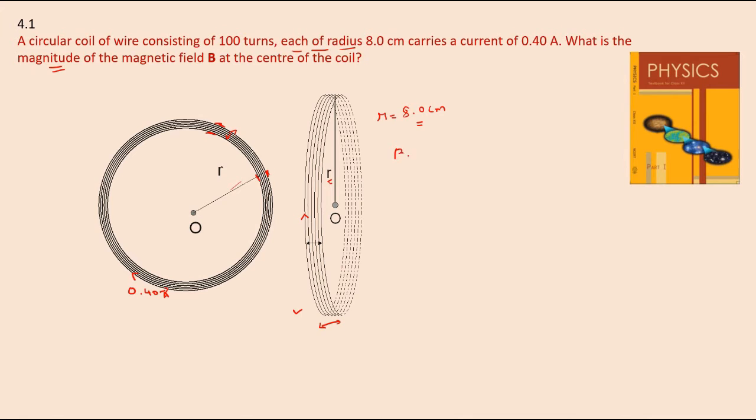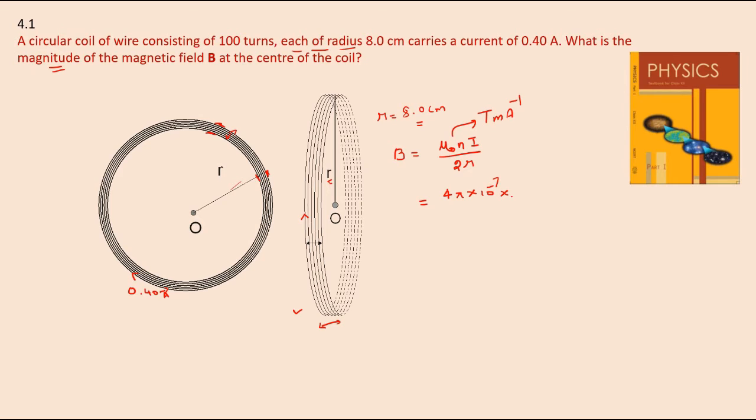B is equal to, we know, for a circular coil of n number of turns, mu naught n I by 2R. Mu naught is 4 pi into 10 to the power of -7 Tesla meter per ampere, the SI unit of mu naught. So mu naught is 4 pi into 10 to the power of -7.